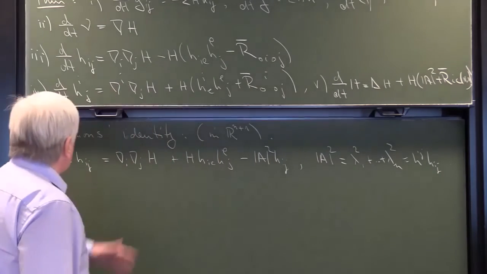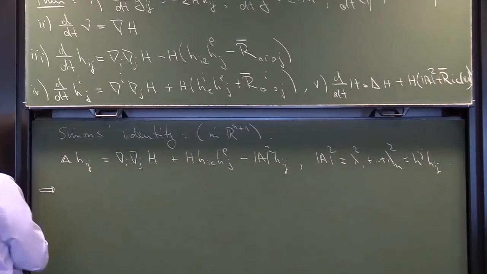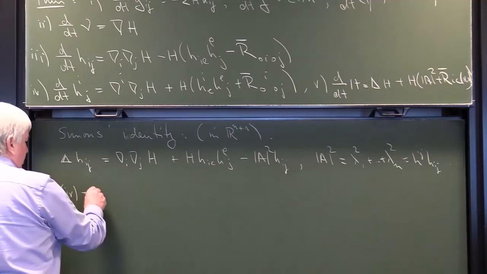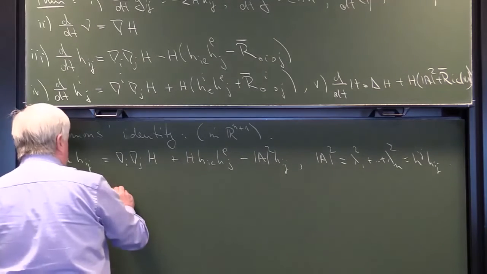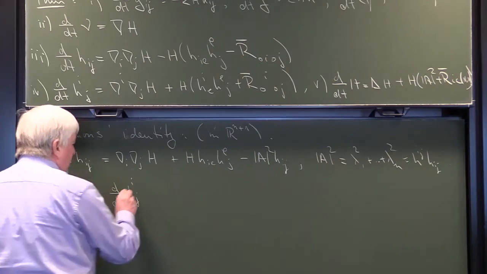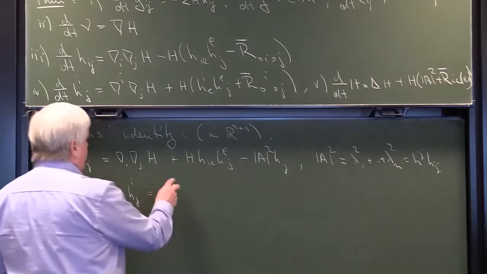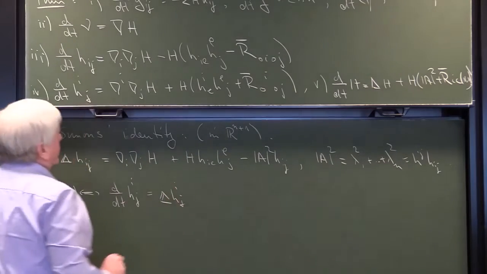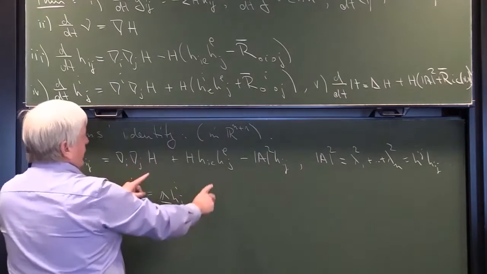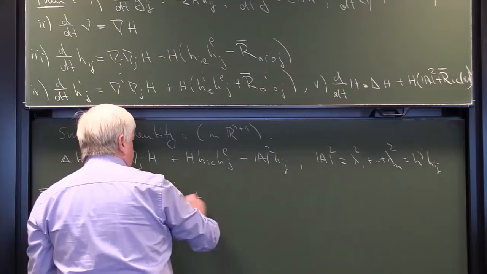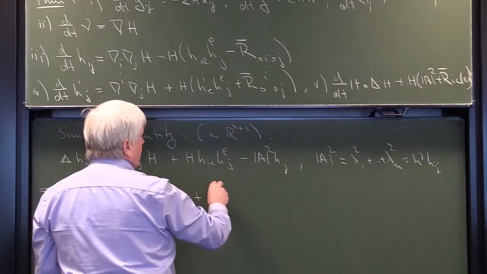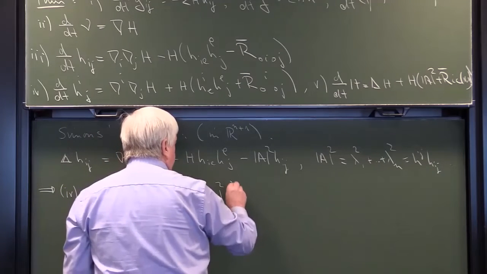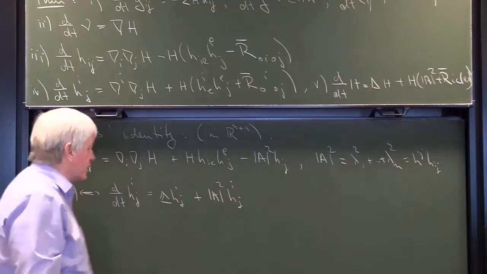Now, if you use this commutator identity, then the evolution equations that you get here, for example, writing 4, this is equivalent to the equation d/dt of h_i^j, one index up, one index down, is equal to, and then this becomes here the Laplacian of h_i^j, and then these terms combine perfectly, so this becomes here plus A squared times h_i^j, and in the Euclidean setting there is no such curvature terms.